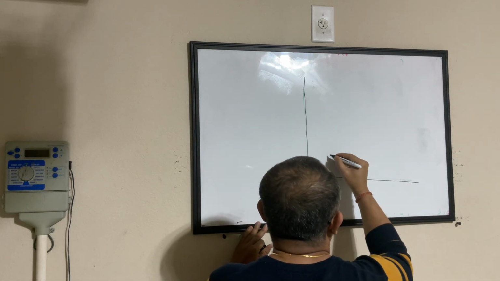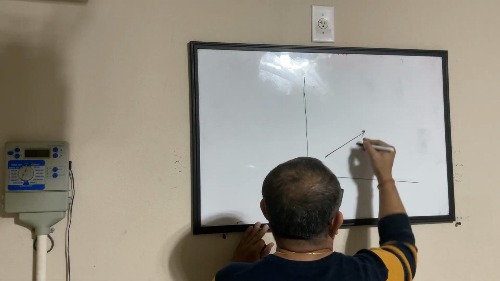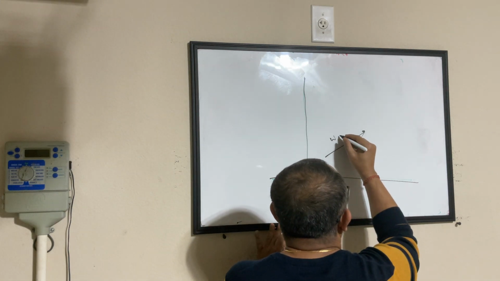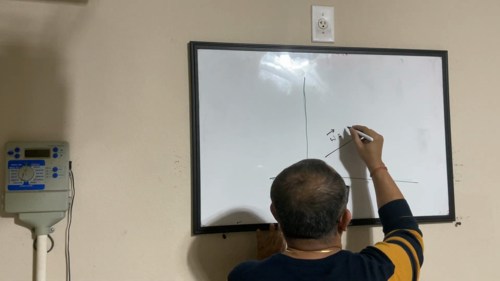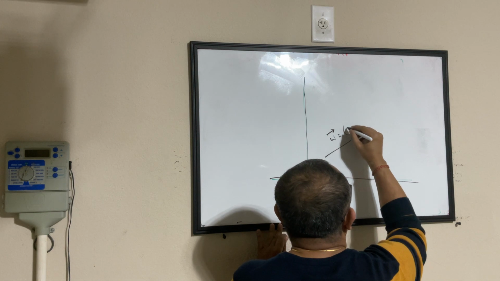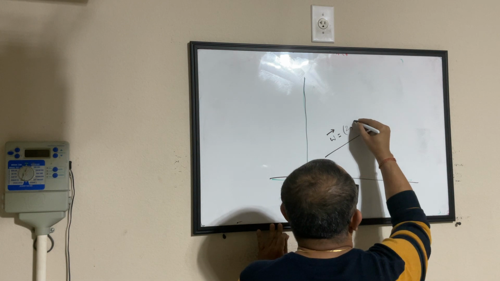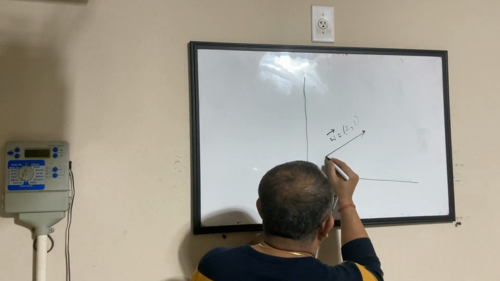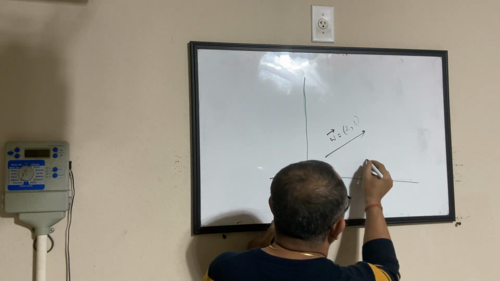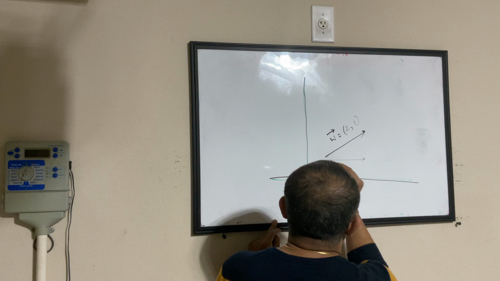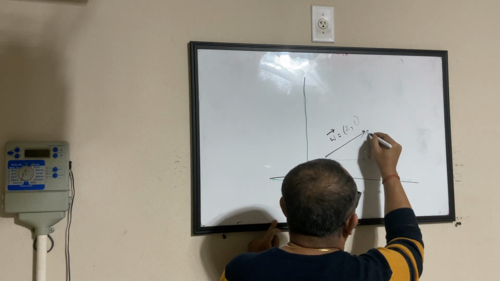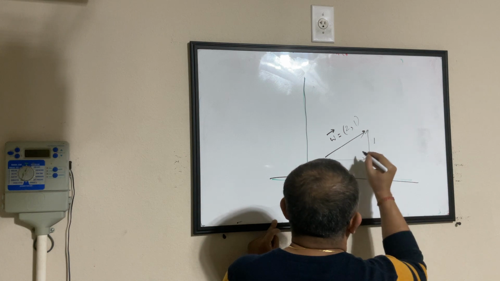Let's say this was my vector W, where I'm saying this vector equals x component is 2 and y component is 1. Meaning my x value between origin and terminal points is increasing by 2 and my y value between the origin and terminal point is increasing by 1.